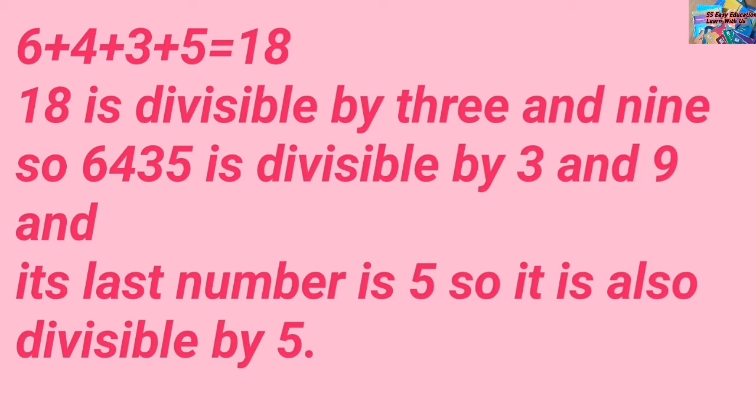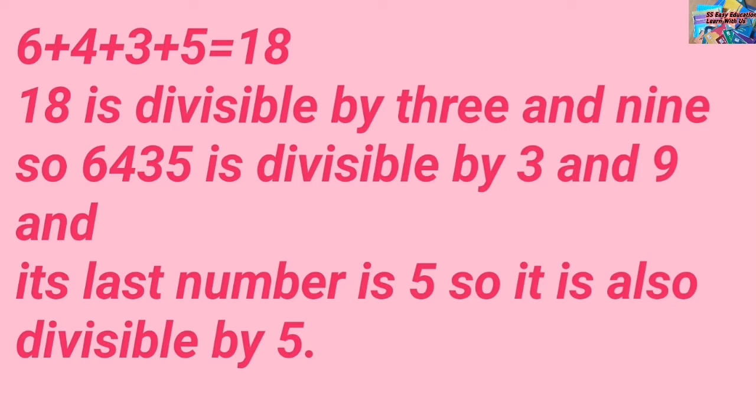If the sum of the digits of the given number is divisible by 3, then the number is also divisible by 3. And if the sum of the digits is divisible by 9, the number is also divisible by 9.